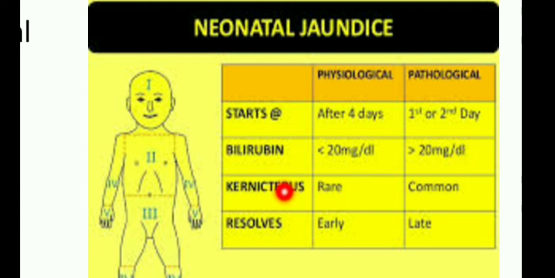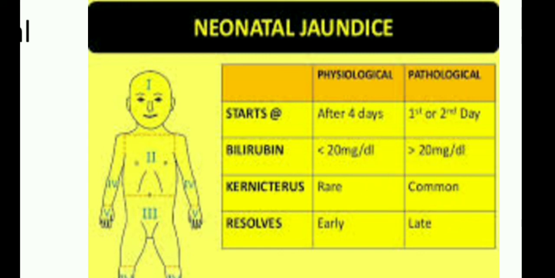Kernicterus means increased bilirubin level with yellowish discoloration of the body, the skin, and the sclera. In physiological jaundice, we rarely see kernicterus. In pathological jaundice, we commonly see kernicterus. Regarding resolution, physiological jaundice may resolve early, but pathological jaundice takes some time to resolve and may subside later.